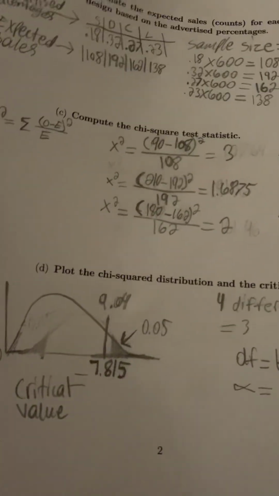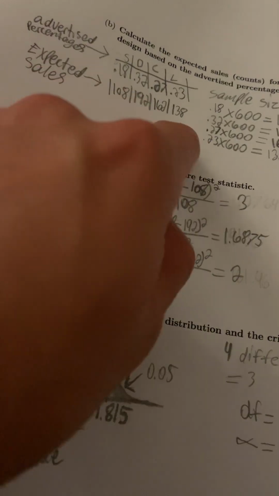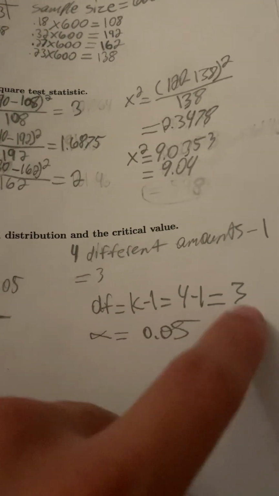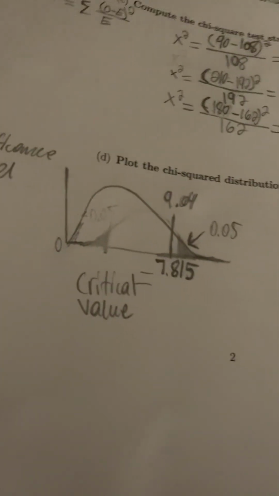So you do it for each one, you get your answer, and you plot the chi-square distribution and critical value, and this is the formula for that. So there's four percentages. So that minus 1 gives you what you use to get your critical value.